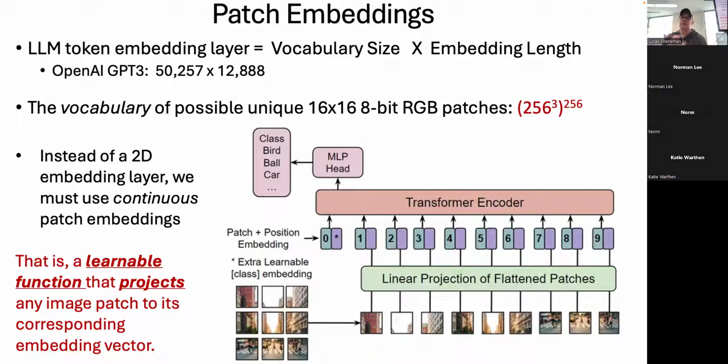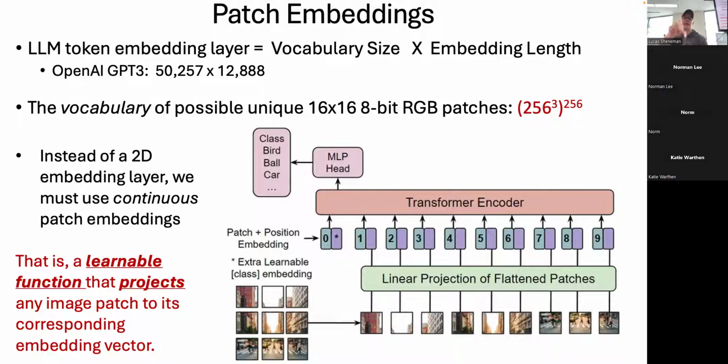In this case, it's just a little neural network that learns the function: how do I map a 16 by 16 patch to an embedding vector? It does it dynamically for all embedding vectors. That neural network is trainable, trained as you train your network. So that's a simple solution, and it works quite well.